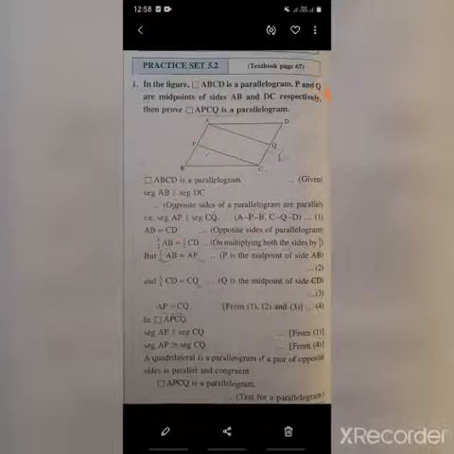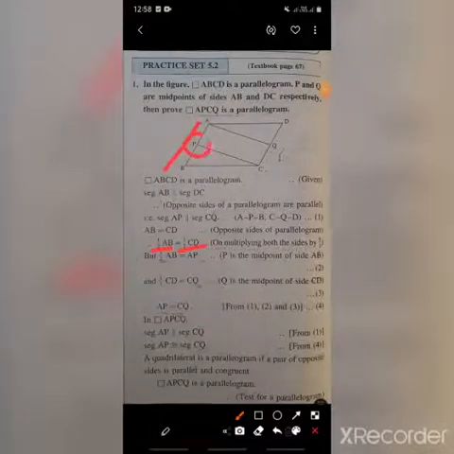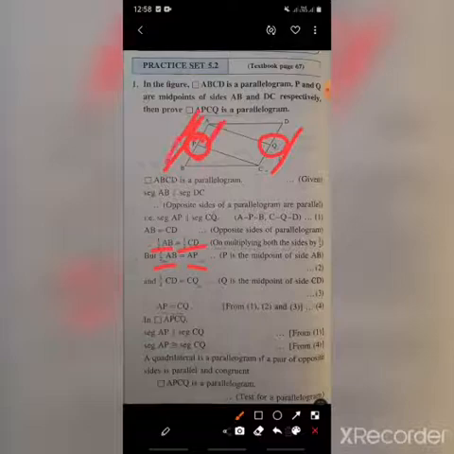Then half of AB and half of CD. Half of AB is AP, because P is the midpoint of AB.